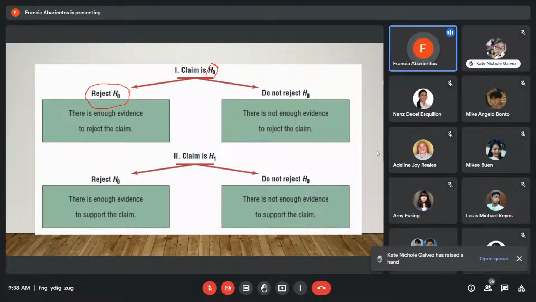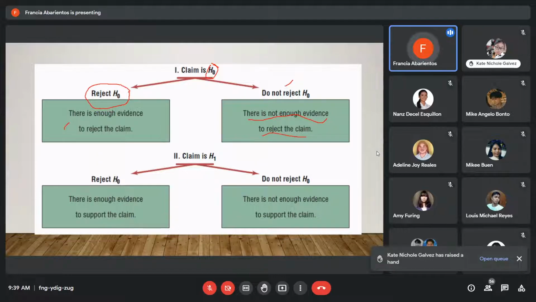So, ito yung kadalasan natin na sinasabi, there is enough evidence to reject the claim. Yan. For example, you do not reject the HO, then there is not enough evidence to reject the claim.